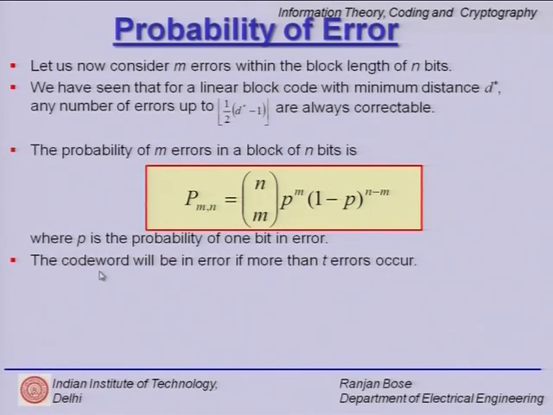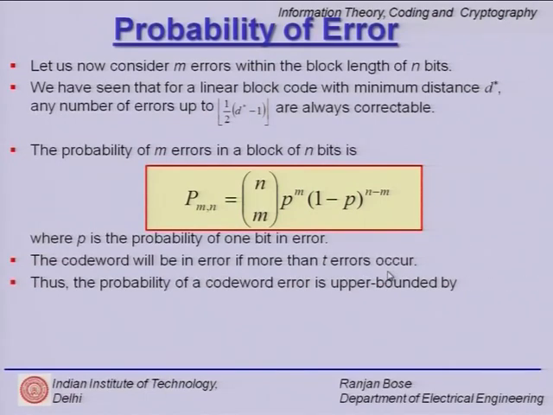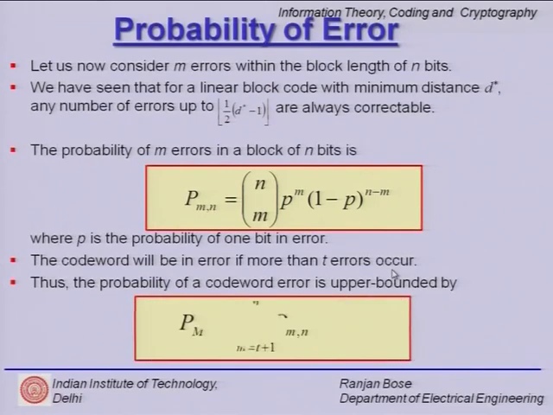The code word will be in error if more than t errors occur, where t is the designed error correcting capability of that code. So how do we upper bound the probability of code word error? It is given simply by all the cases where m is t plus 1 or more. Here we have found the probability that m errors occur in a code word of length n.